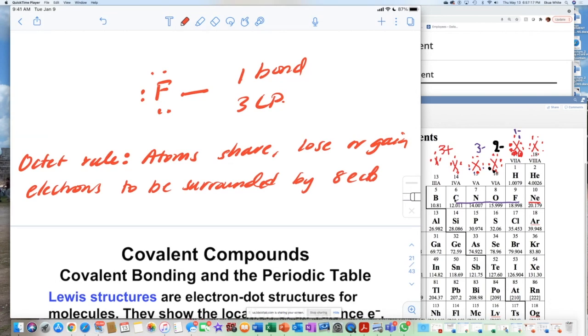That makes more sense. Electrons. Oh, I can't spell. 8 electrons.